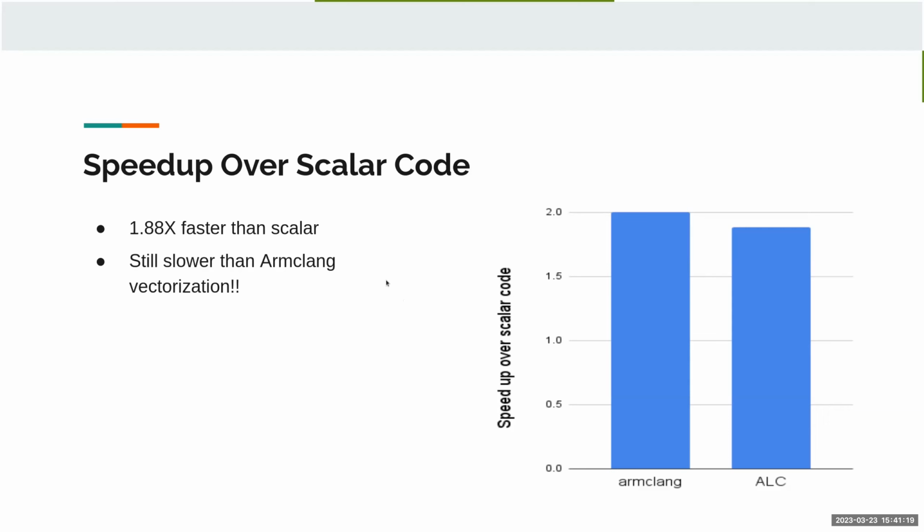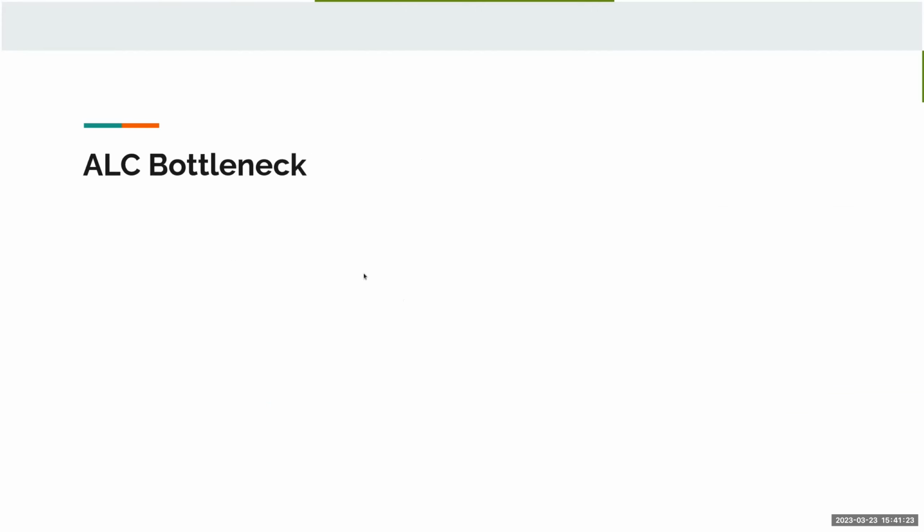So this made us think, what is wrong with ALC? We were trying to find the bottlenecks, and the first thing that we guessed might be the problem was the permutation, because we are adding some more instructions to do the permutation. But we know that SVE vector manipulation instructions are so fast, so this should probably not be the case.